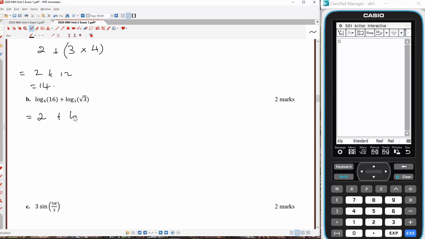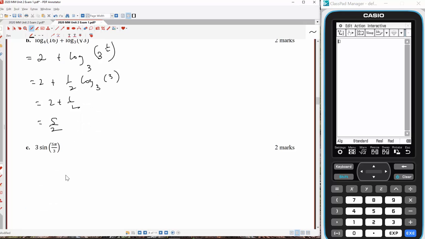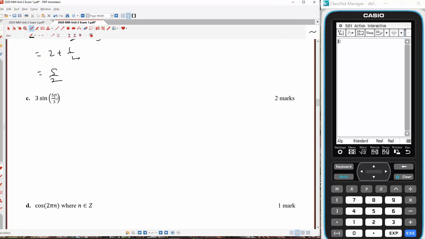This one here, we're going to write it as log 3 to the half, which is 2 plus half log 3, 3. Log 3 is just 1, so it's 2 plus a half, which is 5 on 2. Evaluate this.